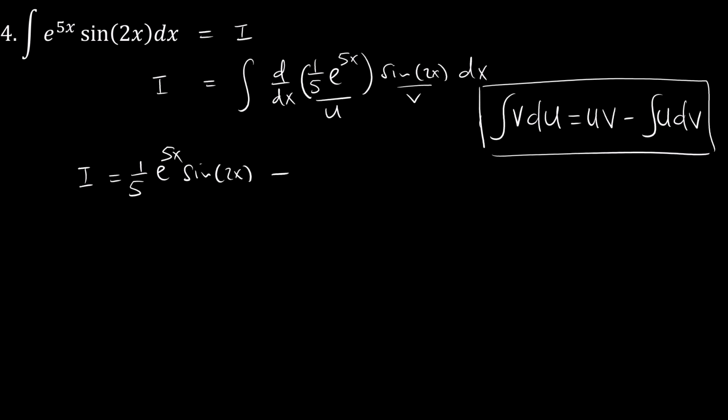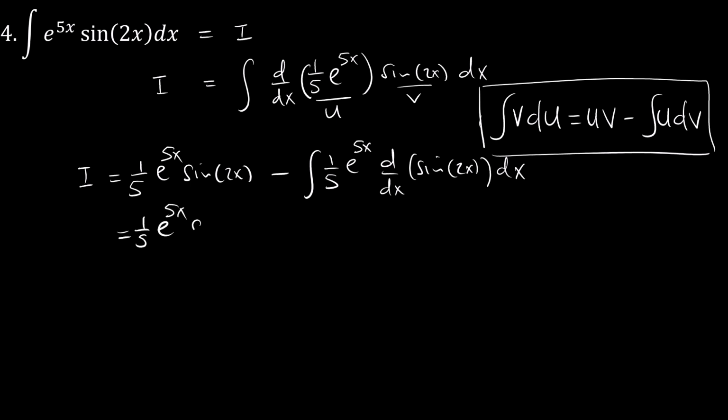minus the integral of 1 over 5 e to the power 5x times the derivative of sine of 2x. So this is the same as a fifth e to the power 5x sine 2x minus the integral of a fifth e to the power 5x times 2 cosine 2x.